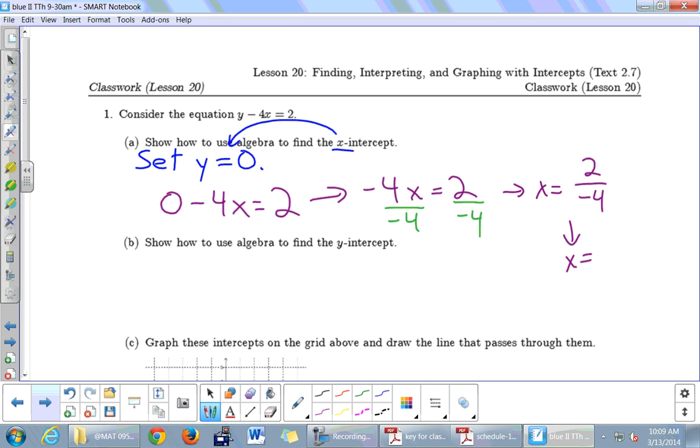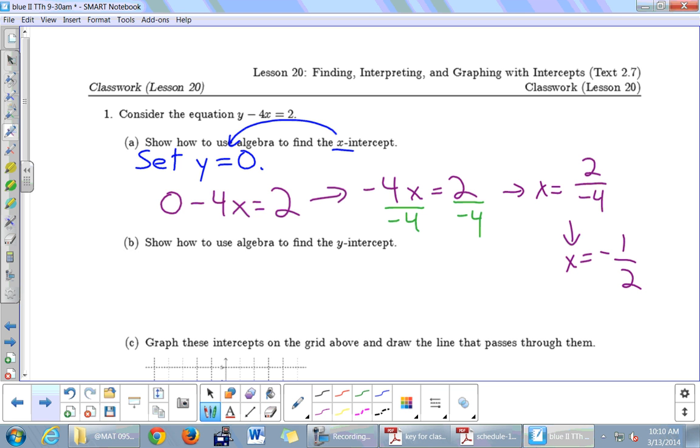Negative how much? Negative 1/2. 2 over -4, but then reduce it. And generally, we put that negative in the front of the fraction, wherever it is. We just move it to the front. So the x-intercept is x equals -1/2.